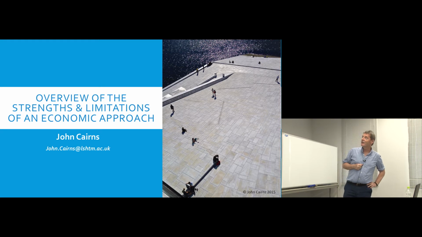It's actually the view you get from the roof of the Oslo Opera House. And the interesting thing about this building, well, it's right by the water, as you can see, it's designed so you can just walk up onto the roof.